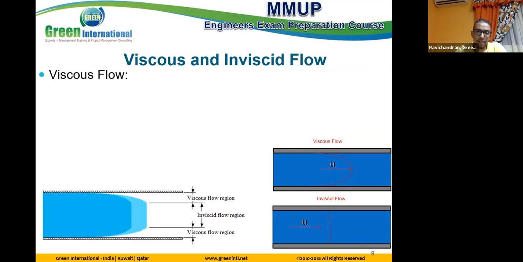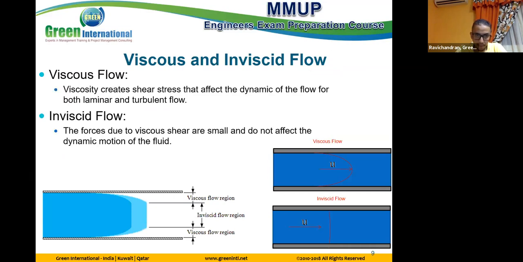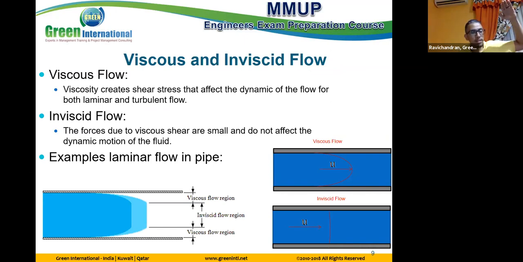Viscous and inviscid flow. You remember viscosity? Viscosity is its effect on the flow. Layers have a velocity gradient between them, so the velocity is not the same along the locations of the flow.